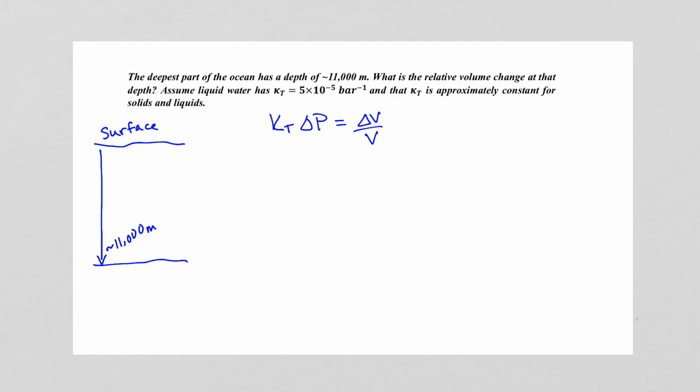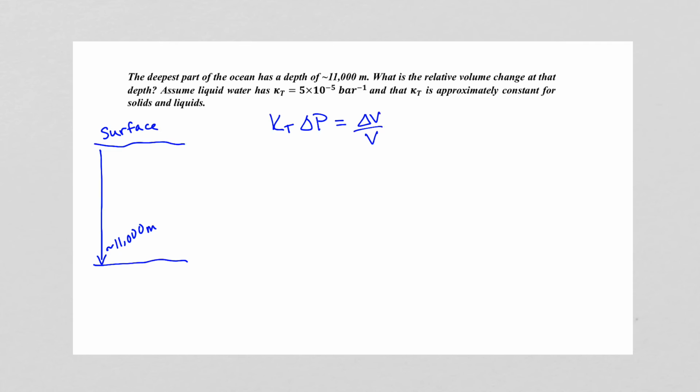Hopefully when you start thinking about a picture like this, and about pressure, it's screaming to you that you need to think about that hydrostatic pressure that we've encountered before. That's that rho g h that we have to factor in when we have a depth or a column of water that we're working with.